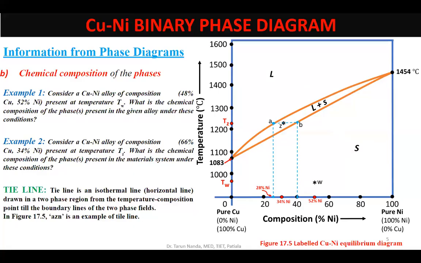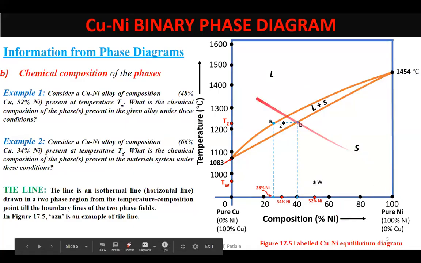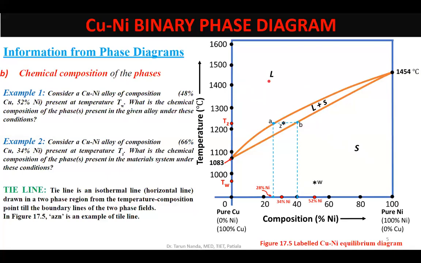I again repeat for your reference, if your material system is at a temperature and has a composition that falls into a single phase region, the chemical composition of the phase is the same as the chemical composition of the material system in which it is existing. If your material system happens to fall in a two-phase region, then the tie line concept can be used.